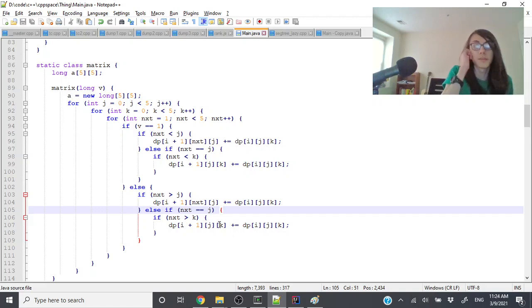Alright, so basically what this means is it's like a transition matrix, right? So how does this work? Wait. Oh god.